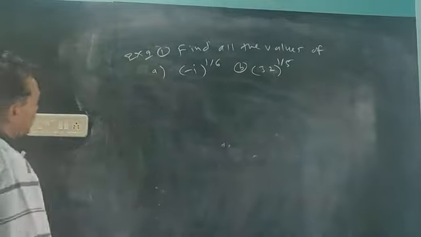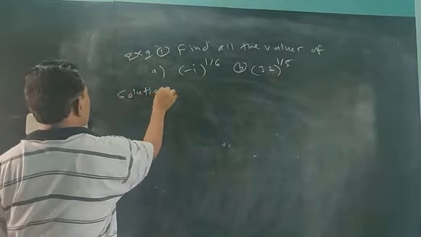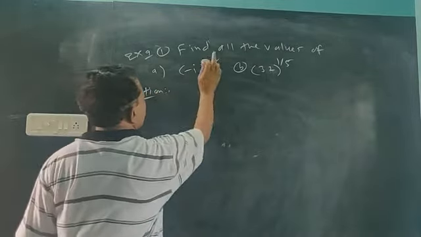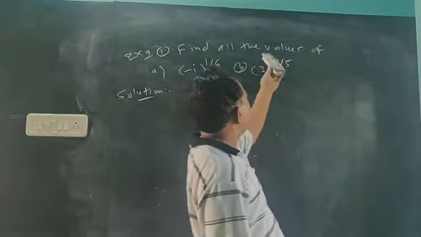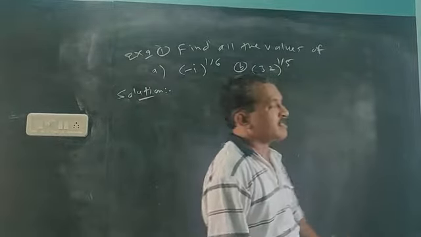All the values means how many values? 1 by 6 means 6 values, 1 by 5 means 5 values, 1 by n means n values.